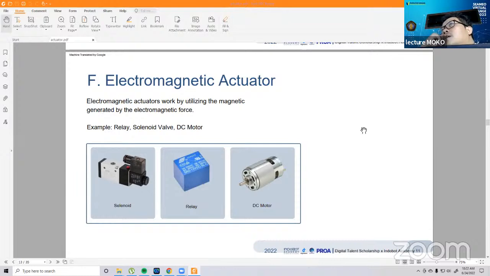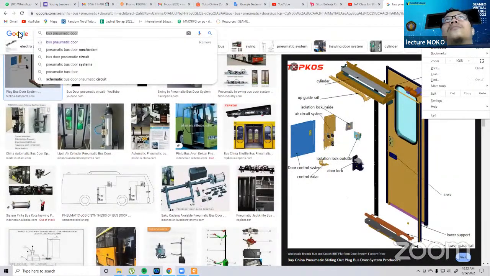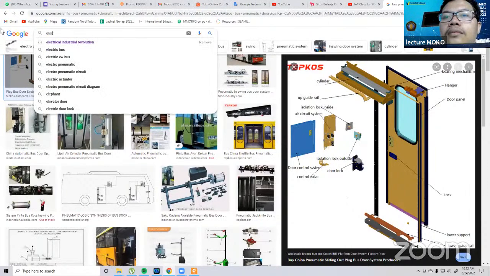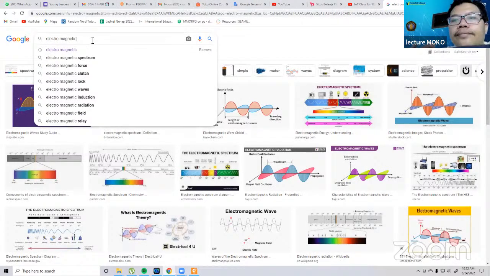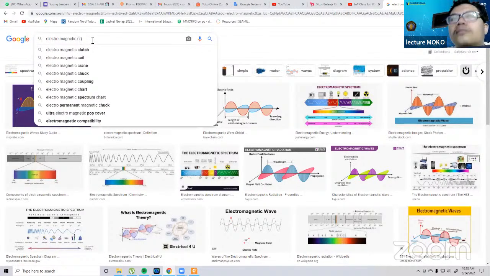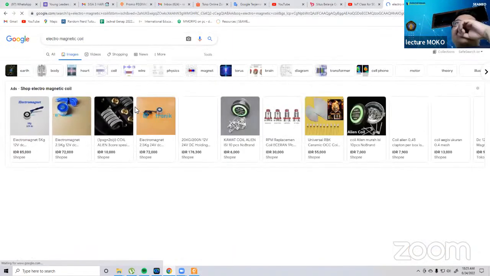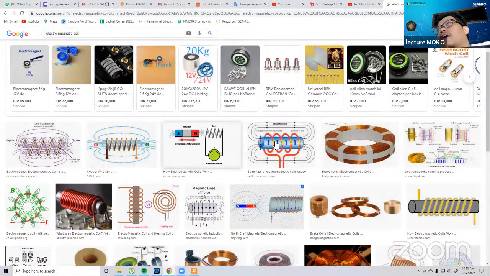You have learned about electromagnetism, right? Do you have practice before maybe in your senior high school?